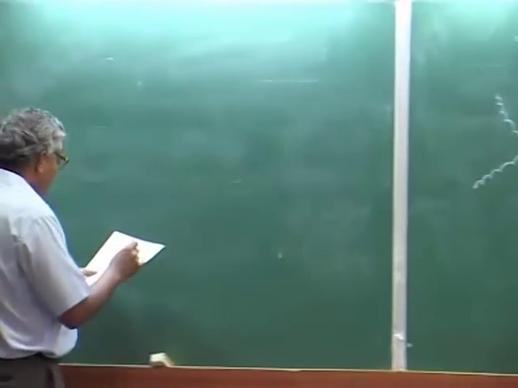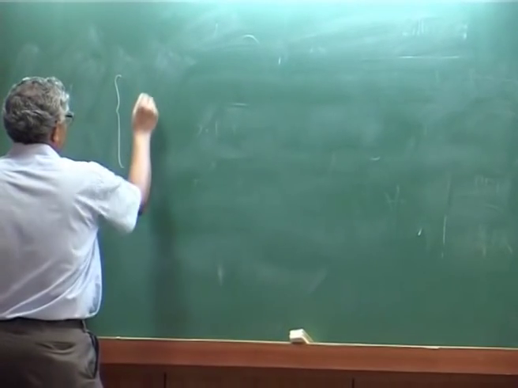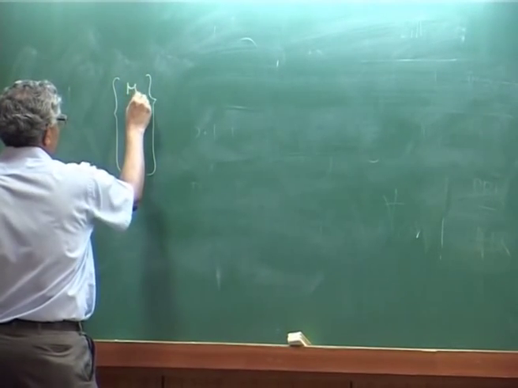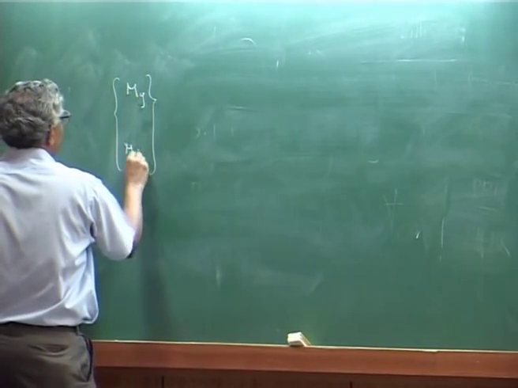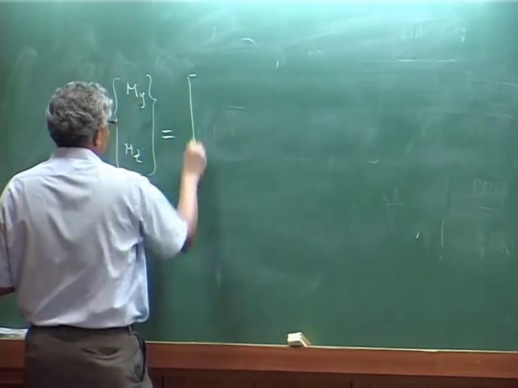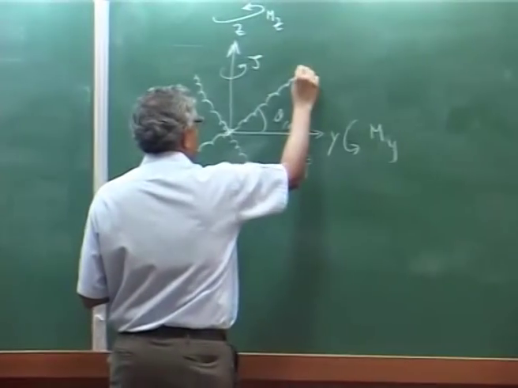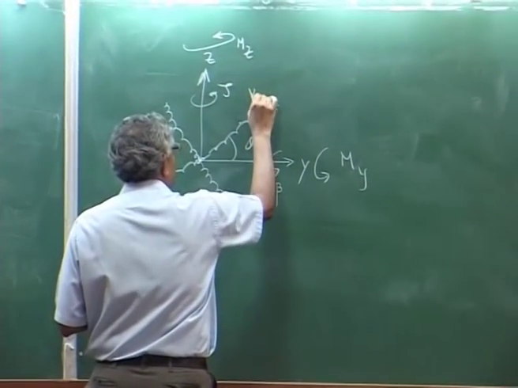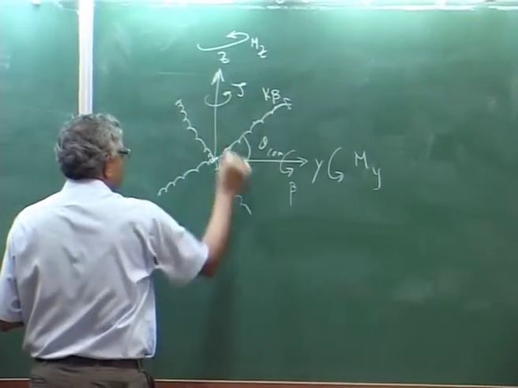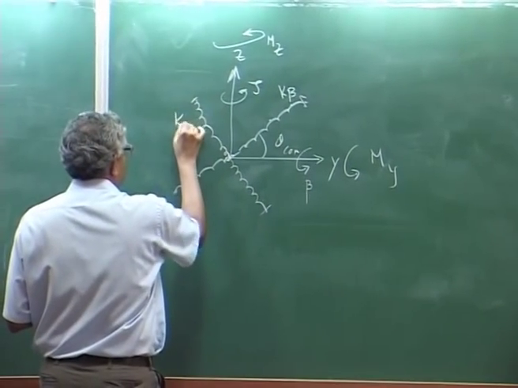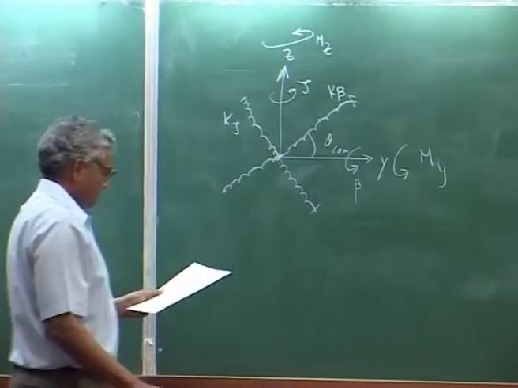Okay. Now, I am putting it in a matrix form. K, I call this the flap spring K beta, this is the lead lag spring K zeta.